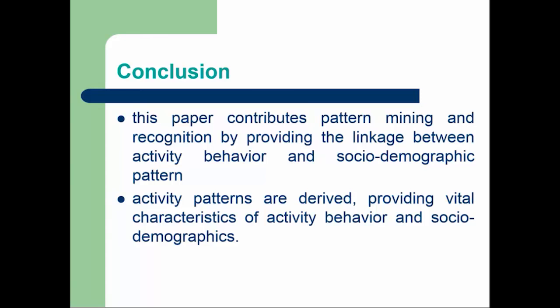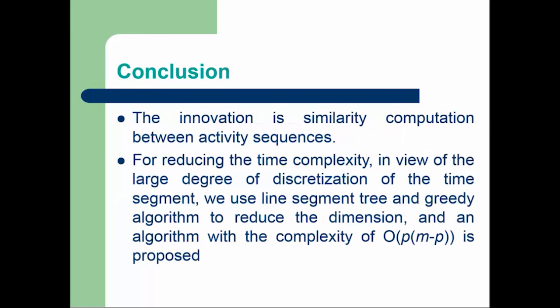demographic pattern based on the overall activity-based time use survey. Activity patterns are derived, providing vital characteristics of activity behavior and social demographics. The innovation is similarity computation between activity sequences for reducing the time complexity.